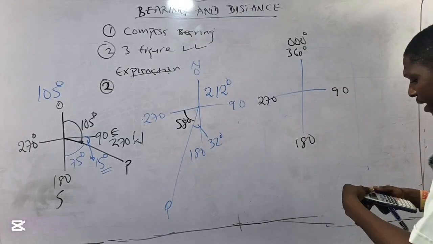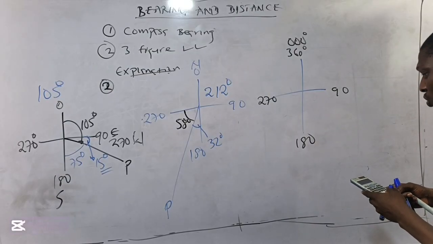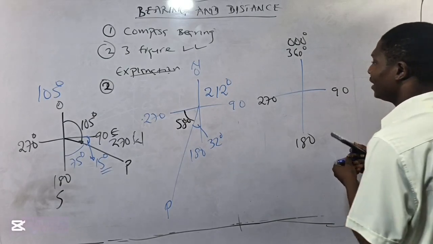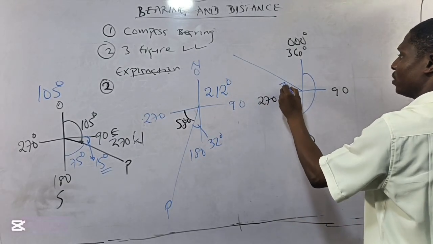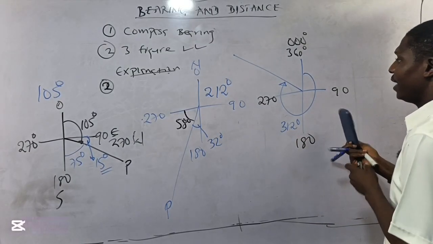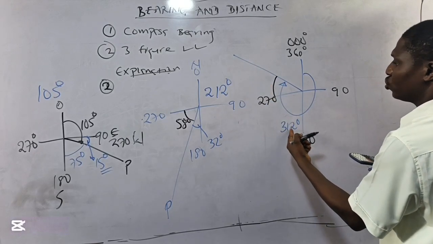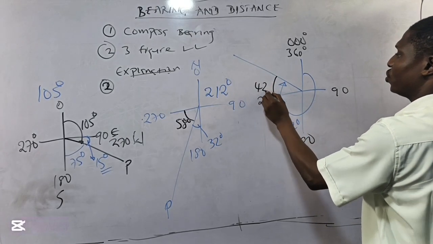Now, I'll simply say 312 minus what? 270. And I'll have 42. So the total angle here to here is what? 312 degree. And the little angle here is what? 312 degree minus 270 degree. That gives you 42 degree.